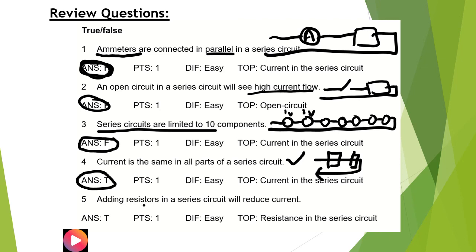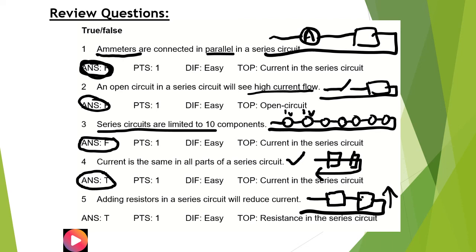Adding resistors in a series circuit will reduce the current. That is correct, because if we have a resistor in a circuit and we add another one, at the end of the day the resistance value will go up, because RT equals R1 plus R2 plus R3.